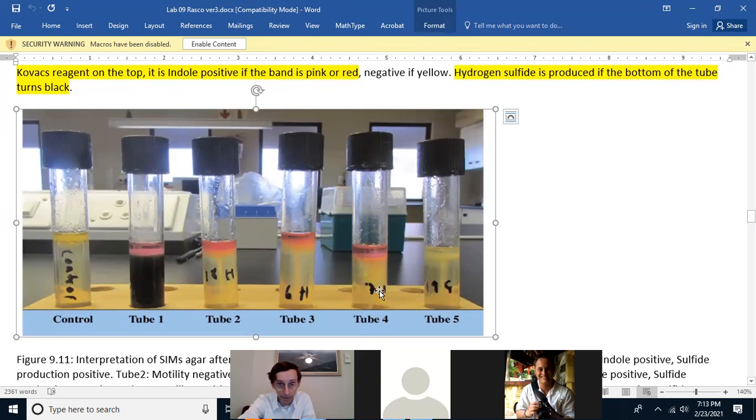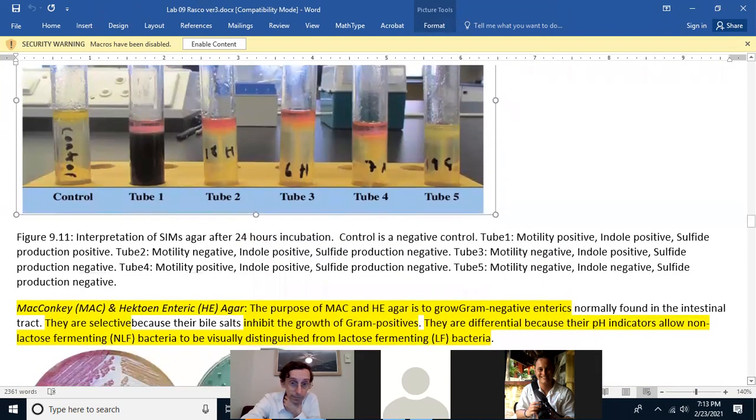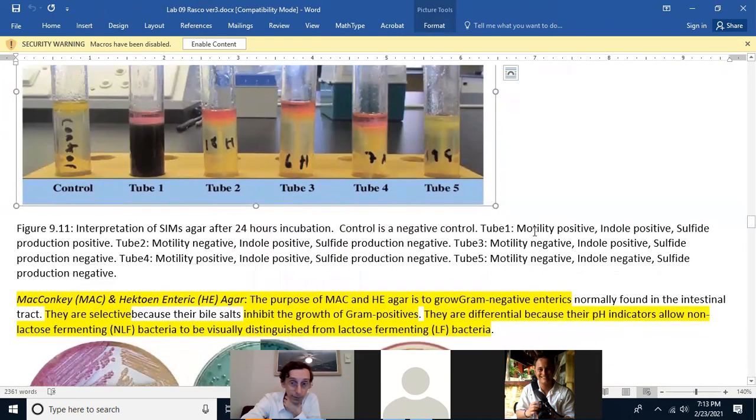That tube is positive for motility. And this one, it's hard to say, but because the black is everywhere, we say that the bacteria have gone everywhere, and so tube 1 is motile. Yeah, motile, indole positive, sulfur positive. This is the only one that's sulfur positive, the only one that's black. All right, any questions about SIM test?